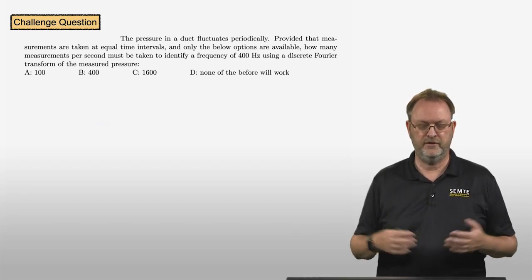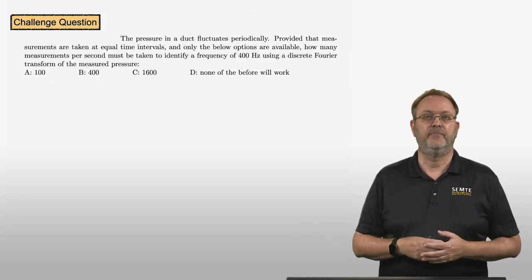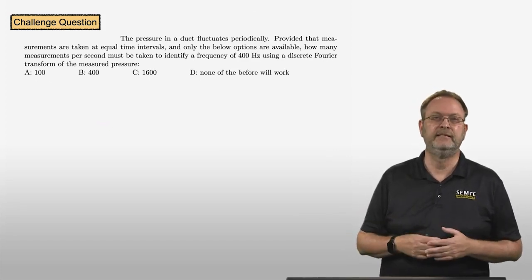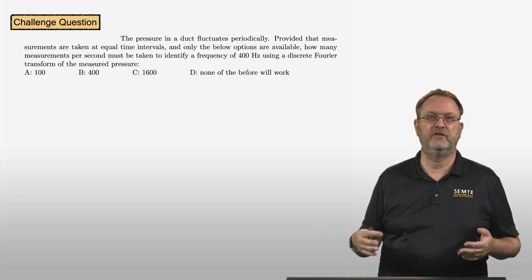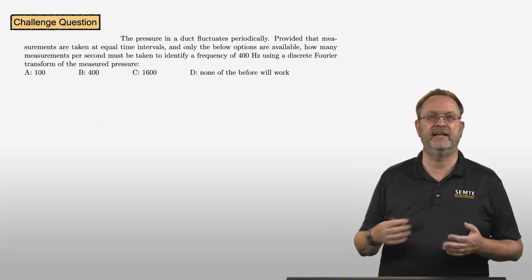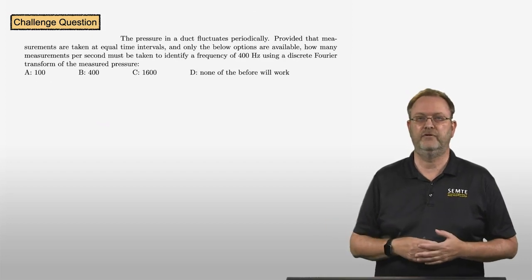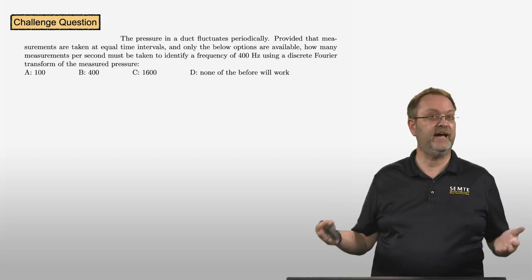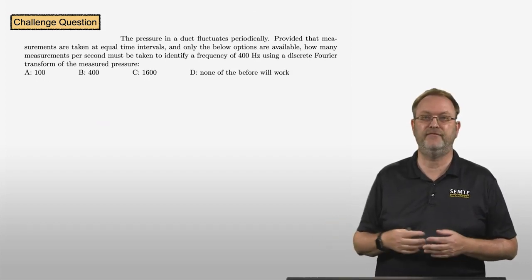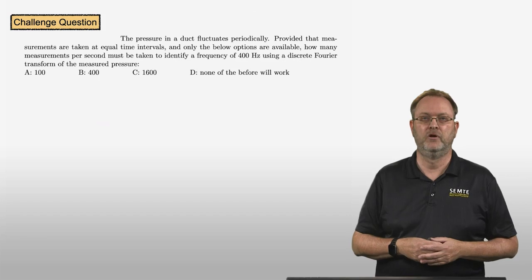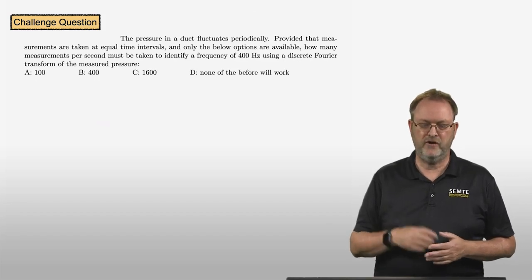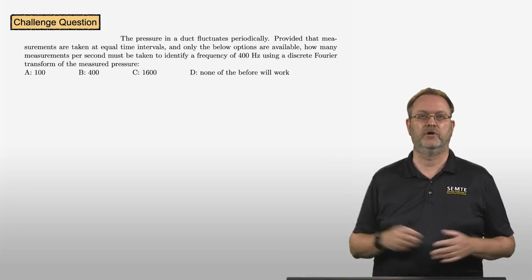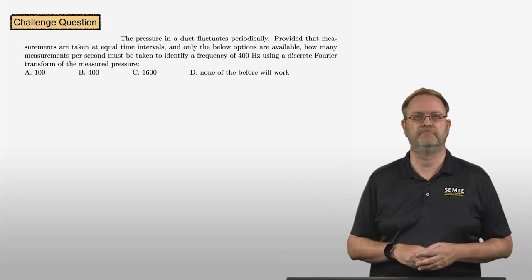So here are the 4 options. Option A is you would have to take 100 measurements per second. Option B is you have to take 400 measurements per second to identify a frequency of 400 Hertz. Or you should take 1600 measurements per second to identify the 400 Hertz signal. Or none of these options, 100, 400, or 1600, would work? Please make your choice.